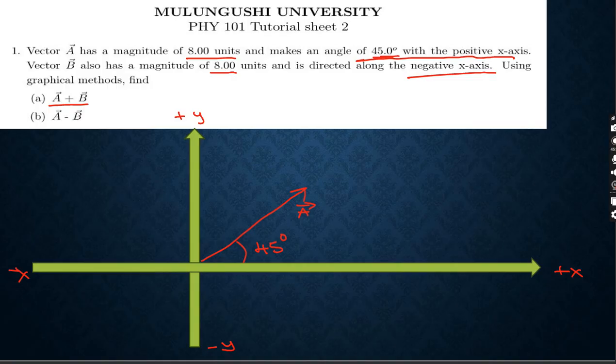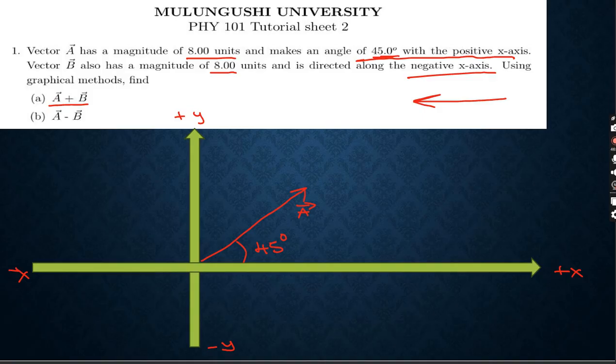Now, vector B is moving in the negative x direction, so it is going in this direction. We haven't been given an angle. If you haven't been given an angle, just know that the vector is moving as a straight line, now going in the negative x direction.